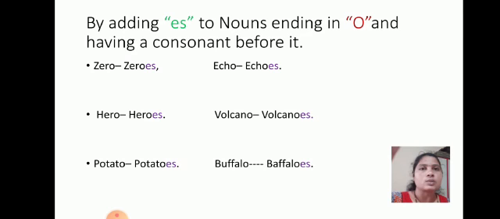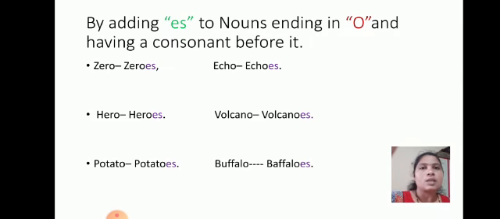Zero, zeroes. Echo. The word echo ends with O, but before O there is a consonant H. So in plural we have to add es at the end and it becomes echo, echoes.